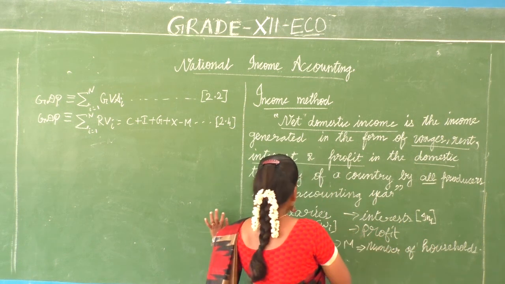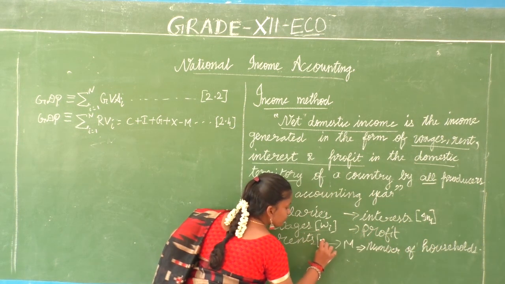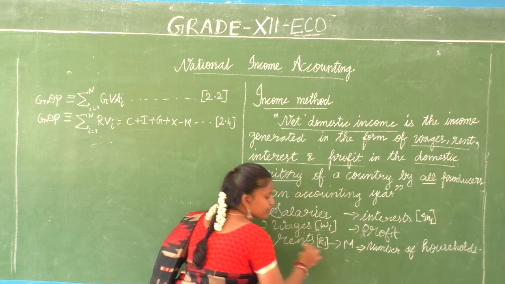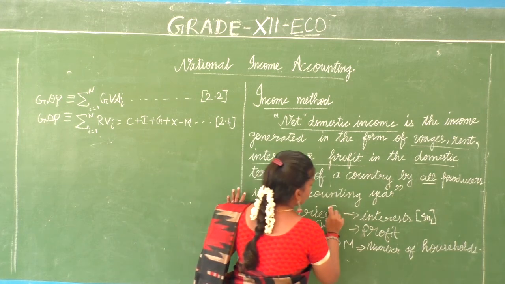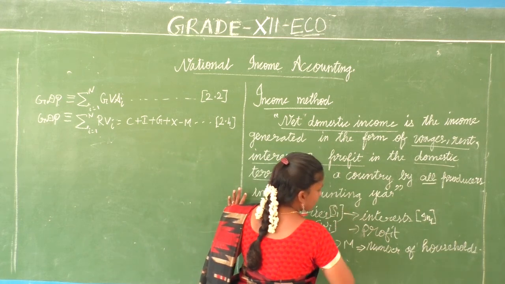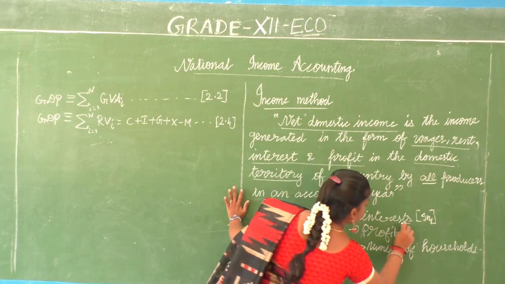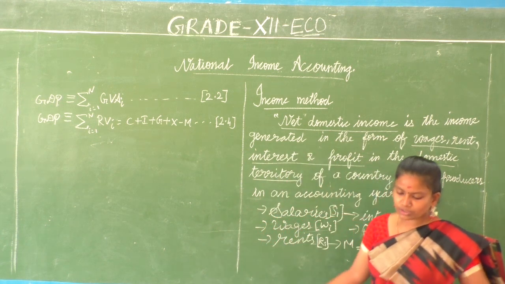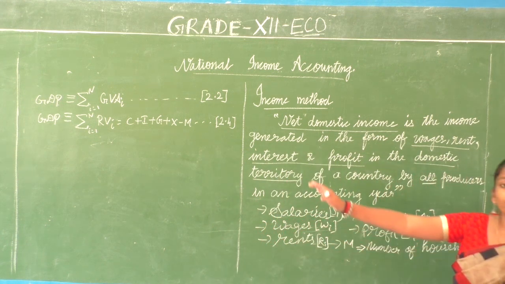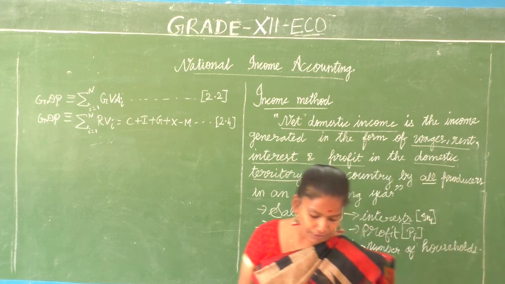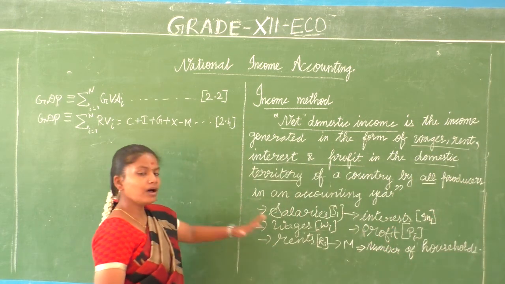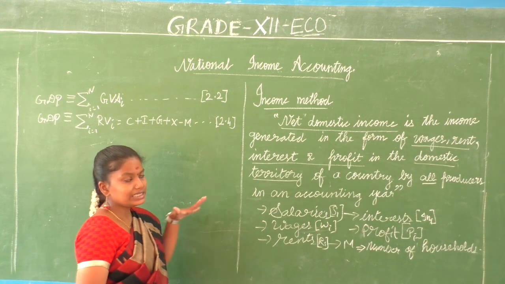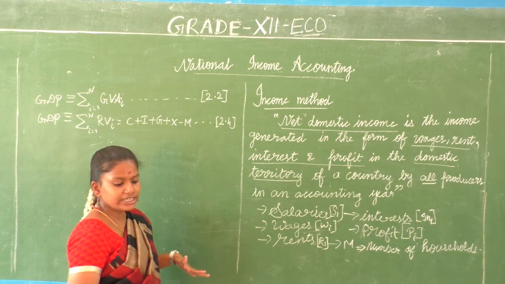Then rents are going to be your RI. Salaries are going to be your SI. Profits are going to be your PI. These are the notations that we are going to use to form the equation to make up the total income that is earned, that is the GDP.